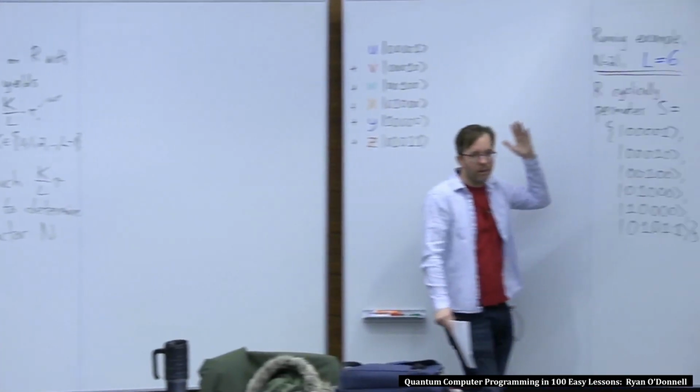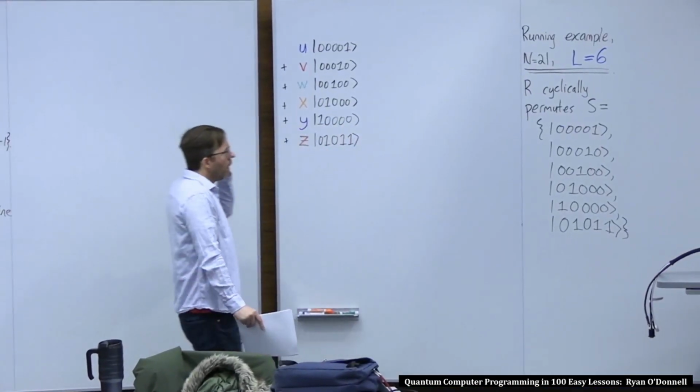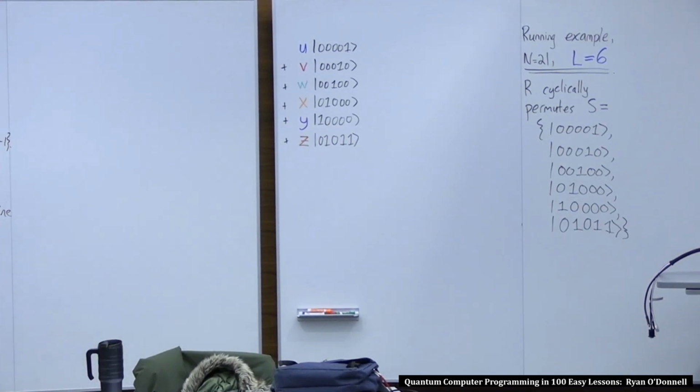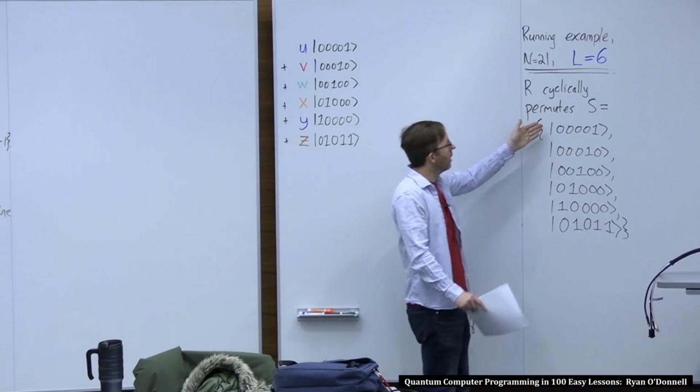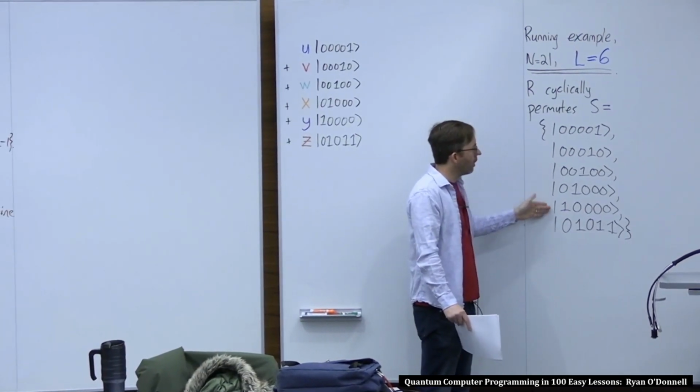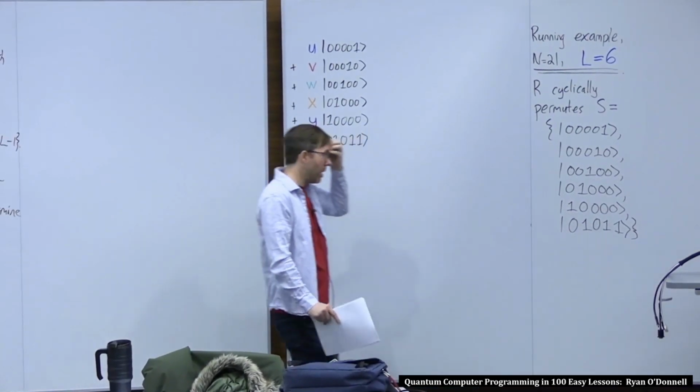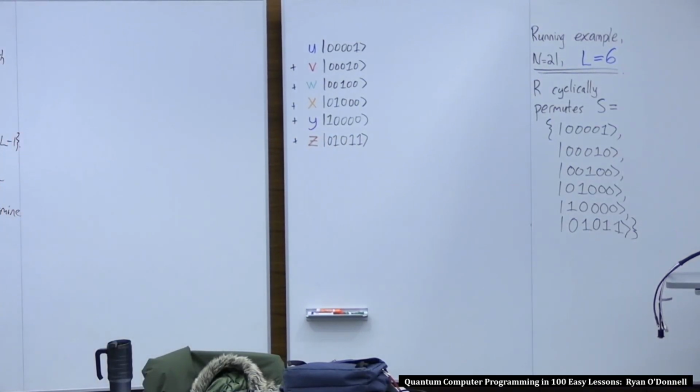So really, R is acting in 32 dimensions. But we're only going to be starting with this basic state, and rotation estimation just applies R a bunch of times in various different ways in superpositions. So actually, the algorithm will never construct a state that has amplitude on anything other than these 6. It'll always stay within this 6-dimensional subspace.